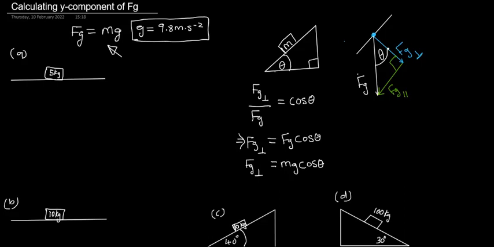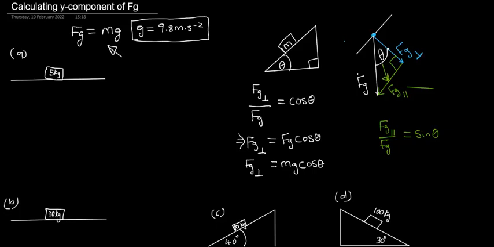If you look at that, you can say Fg parallel over Fg, which is your hypotenuse, equals the sine of the angle, because we can see that this is directly opposite to that angle.